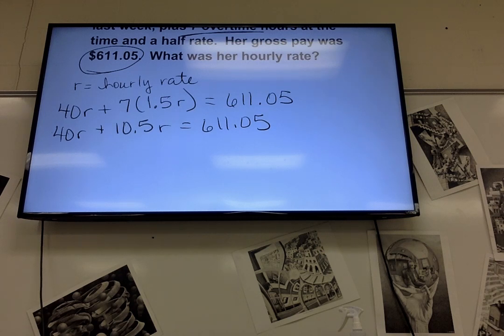Now what? And 40R and 10.5R. Yeah. Combine like terms. Add those two up. You get 50.5R equals 611.05. Then what? Divide by 50.5. Yep.